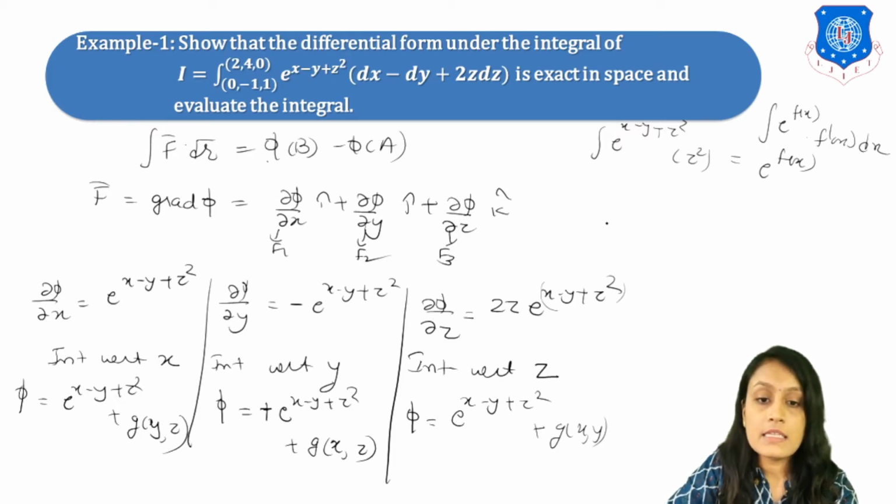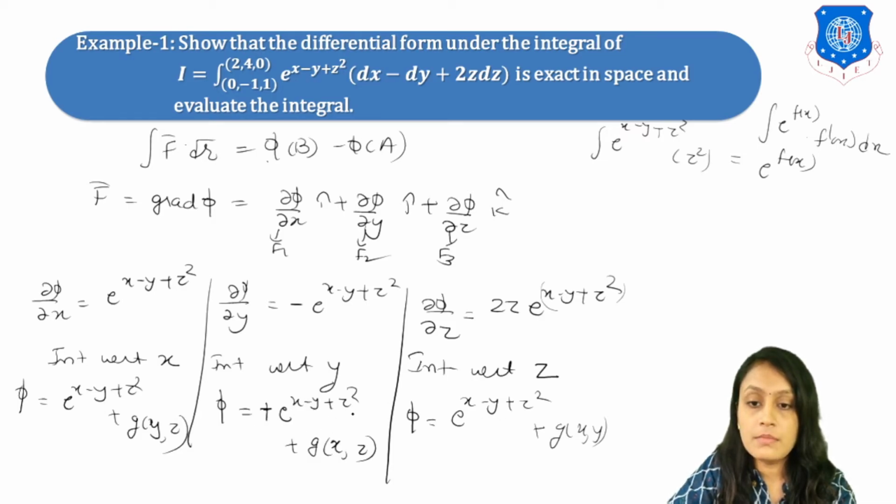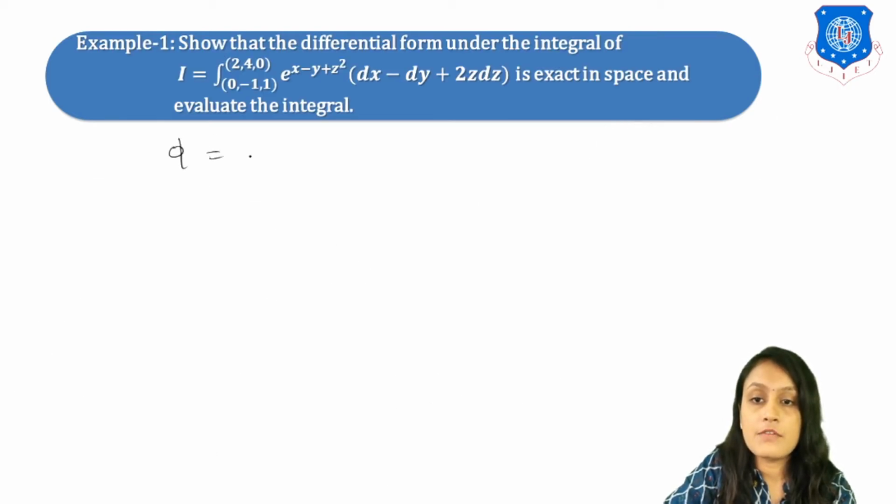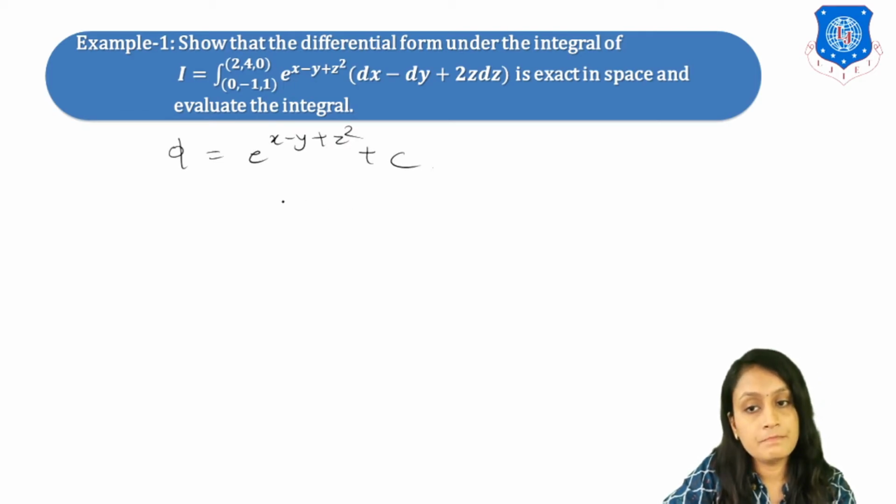So at last we have to write the scalar potential function from this. As you can see, we have only this one term, e raised to x minus y plus z square, and a constant. So we will write the scalar potential function as e raised to x minus y plus z square plus c.